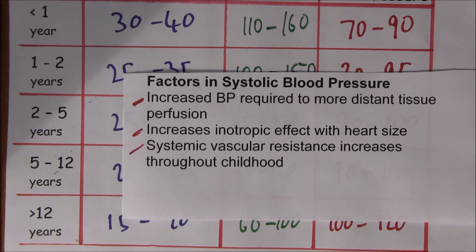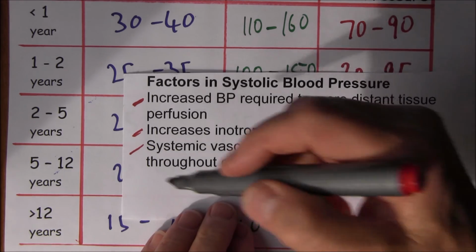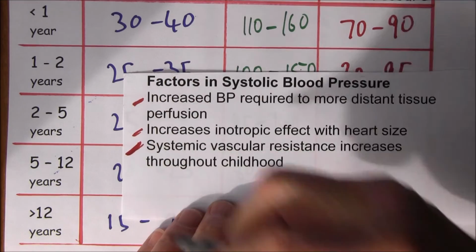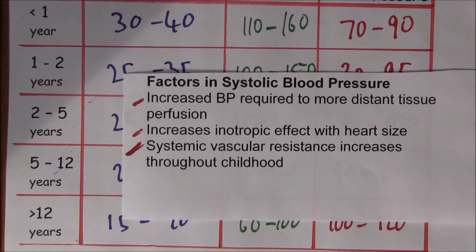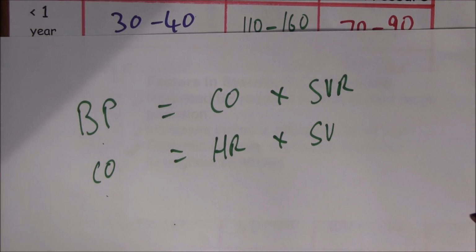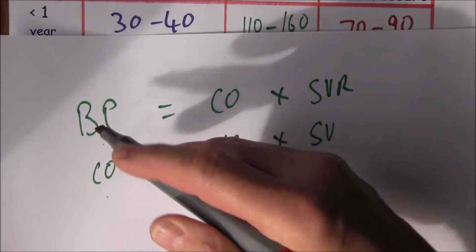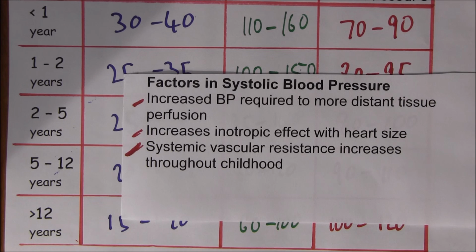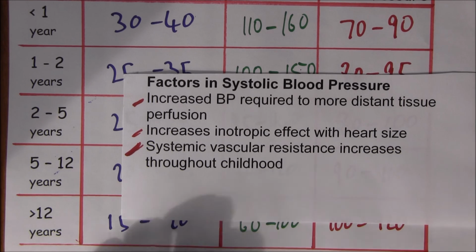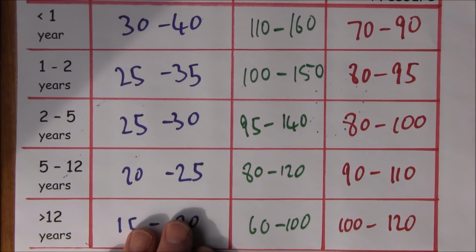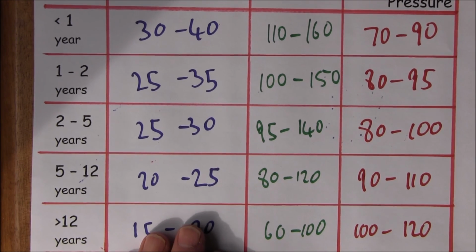So in children, the systemic vascular resistance increases throughout childhood. And an increase in systemic vascular resistance, as we know, is going to increase blood pressure. But that's good, because we have a bigger body to perfuse with blood anyway. So that's exactly what we need. So if you're working with children, you need to memorise these figures really.